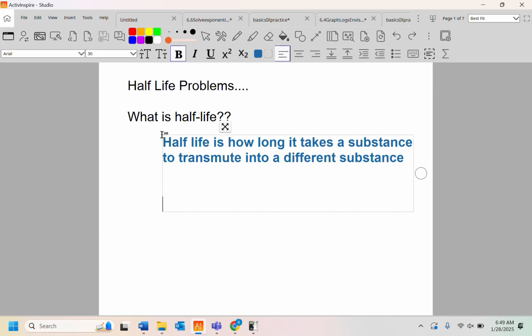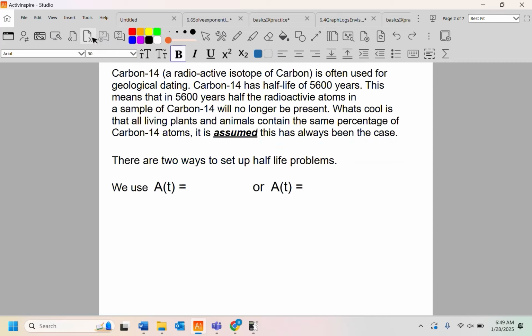But a lot of these half-life problems deal with radioactive material. The isotope changes to something that's less radioactive. You're not destroying matter, you're losing energy and you're changing into something else. But to transmute, which means to change, you guys should be familiar with some of that vocabulary.